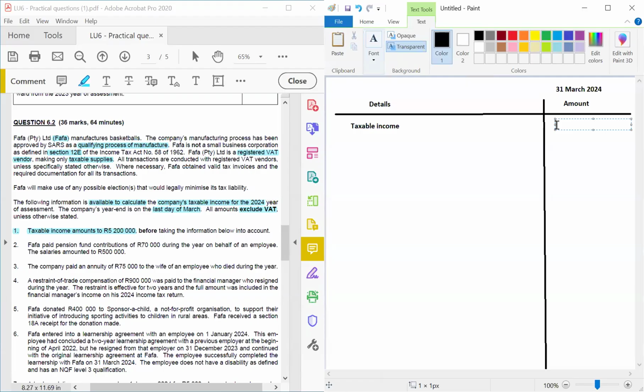So my taxable income is 5,200,000. That's definitely my starting point. Okay, perfect. Now I need to take the below information into account.